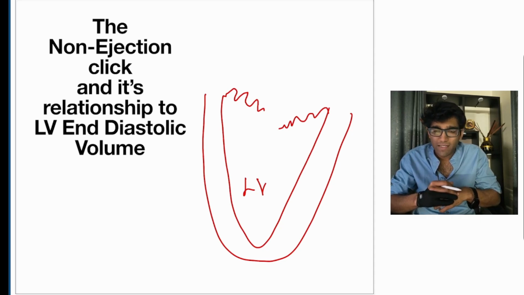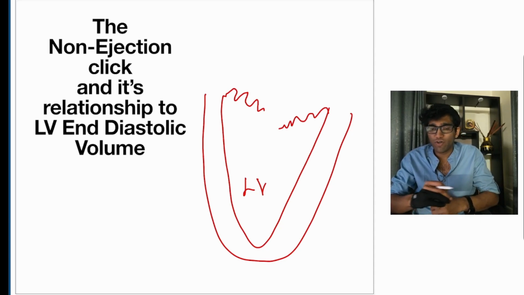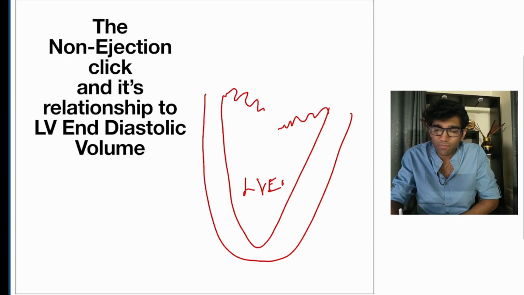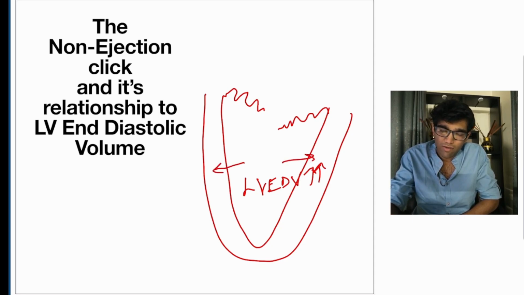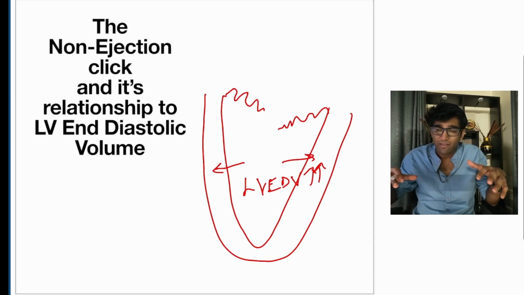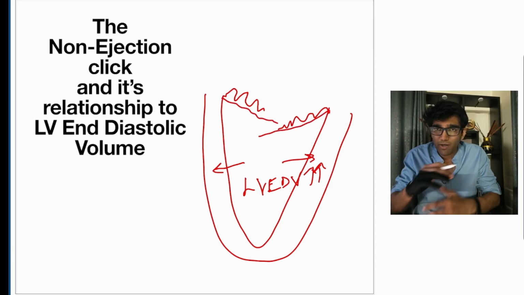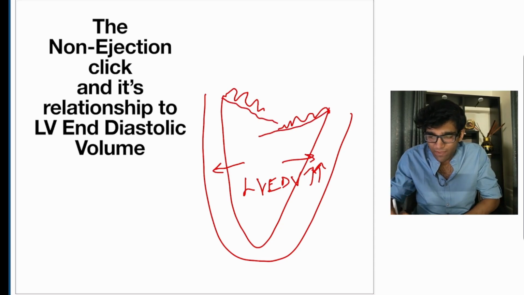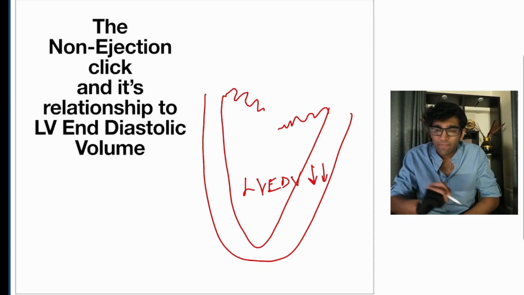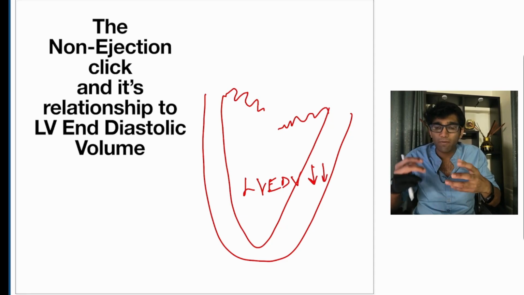So what ends up happening is that if your LV end diastolic volume is increased, then the ventricle dilates. So when the ventricle dilates, the leaflets essentially get ironed out. Okay, they get spread out. So the leaflets start looking much flatter. Whereas if the reverse happens, that is the LV end diastolic volume is decreased, then the leaflets are even more crumpled up and more folded up.